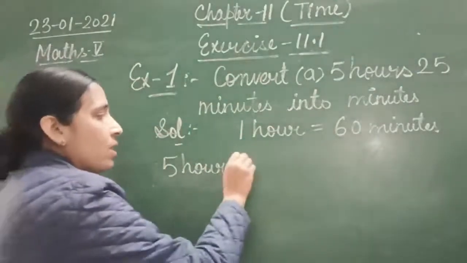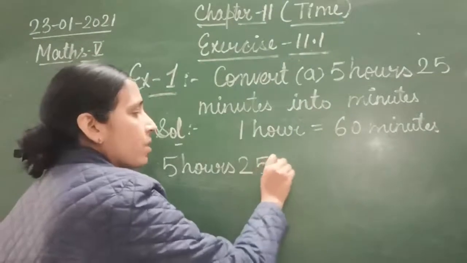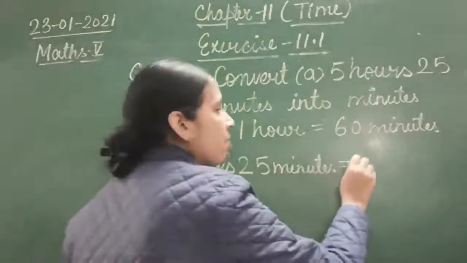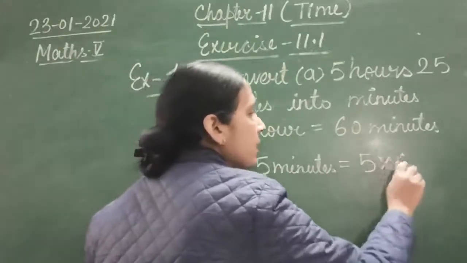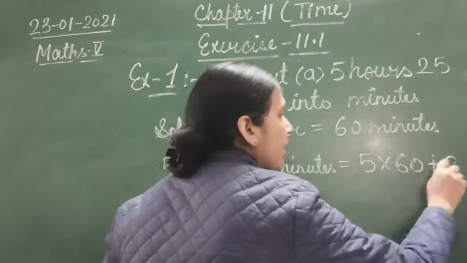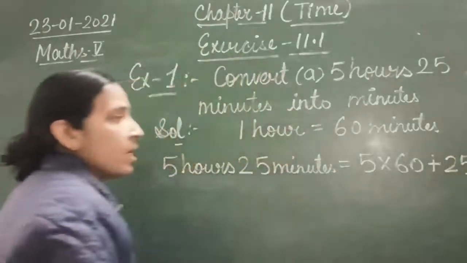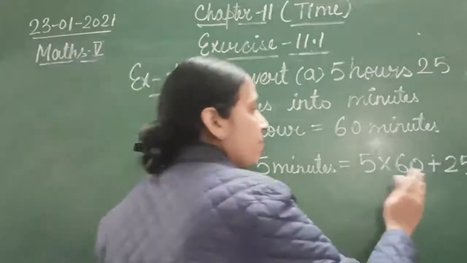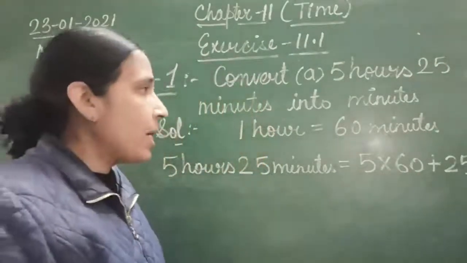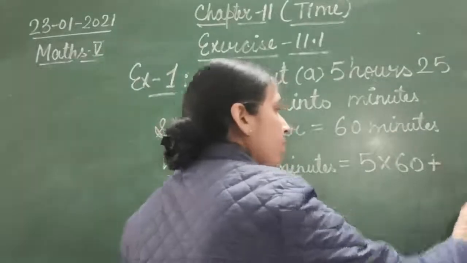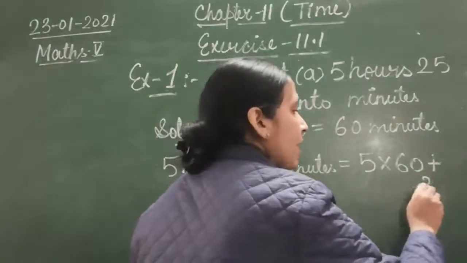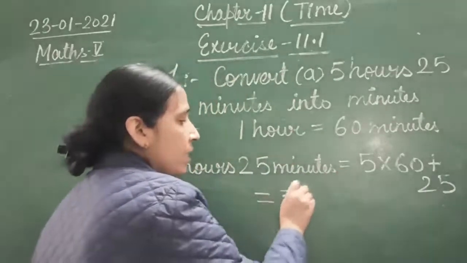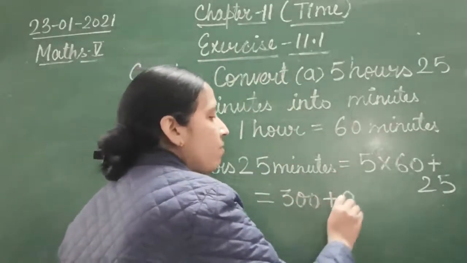So 5 hours 25 minutes will be equal to 5 multiplied by 60 plus 25. 5 sixes are 30, that will become 300 plus 25.